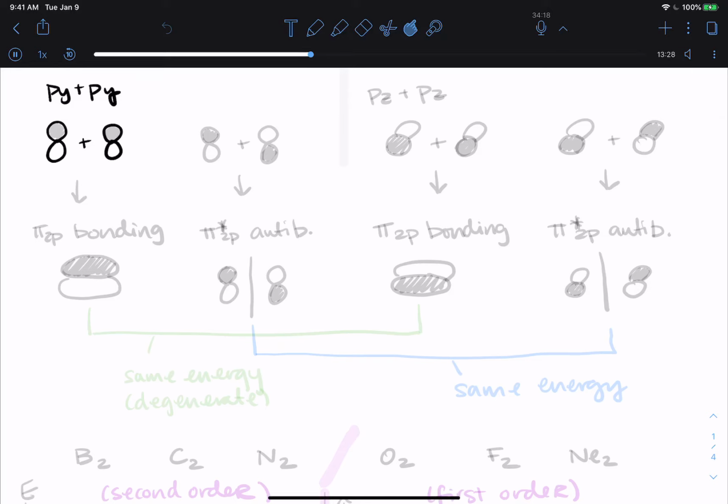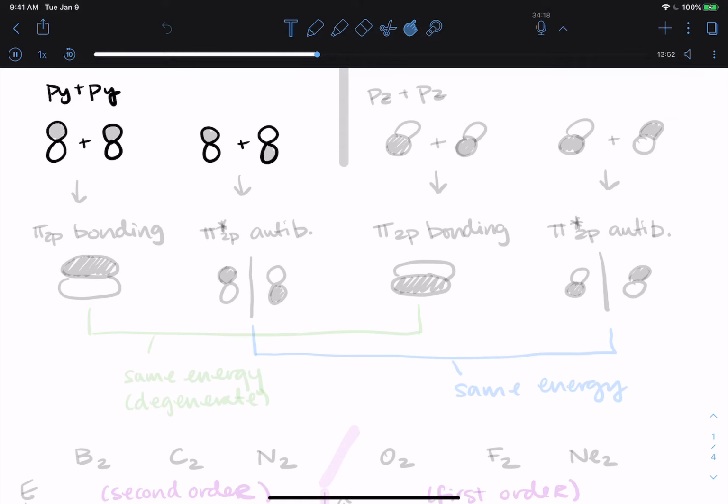Those, when they come together, it's going to be sideways overlap. So I'm going to get a pi interaction out of py plus py. So let me also set up another set of py's because I'll end up with an in-phase and an out-of-phase combination. And then let's just put a dividing line here.